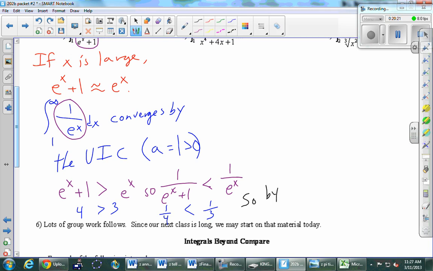I'll abbreviate comparison test CT. By the comparison test, and then I'm going to copy the original integral. And then our final conclusion, convergent or divergent? Convergent.